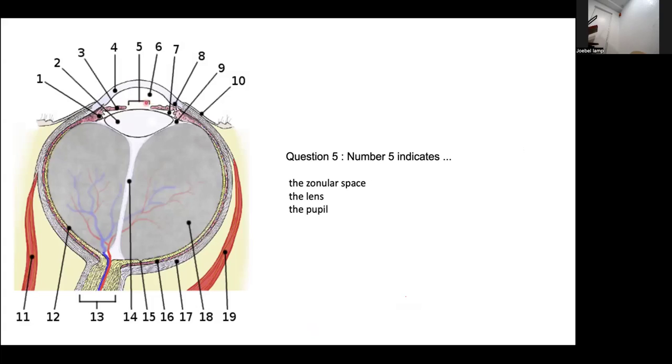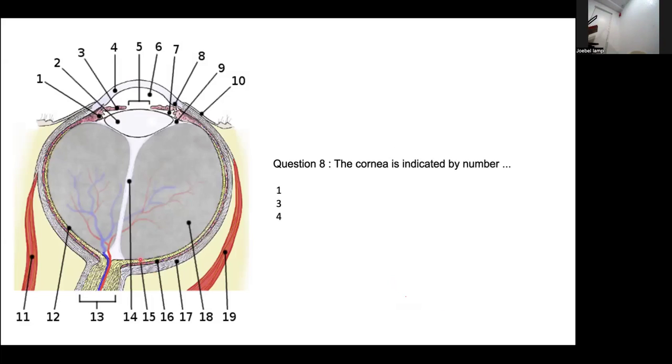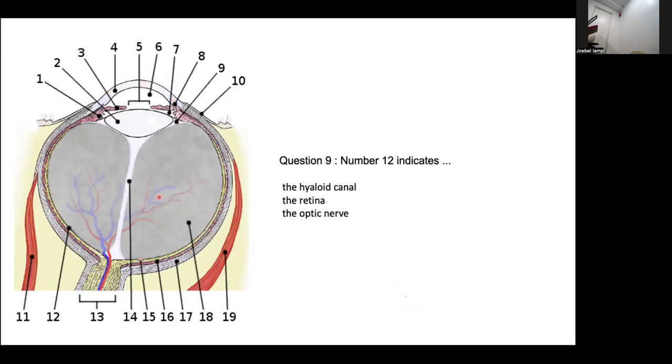Yeah, number 5 is 13. Okay. Optic nerve, what number? 13. Number 15. Fovea. Cornea is what number? 4. Yeah, this one. Number 12.